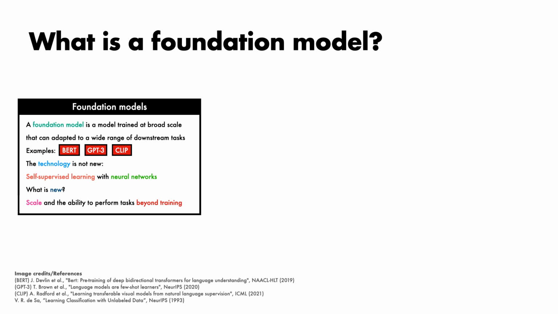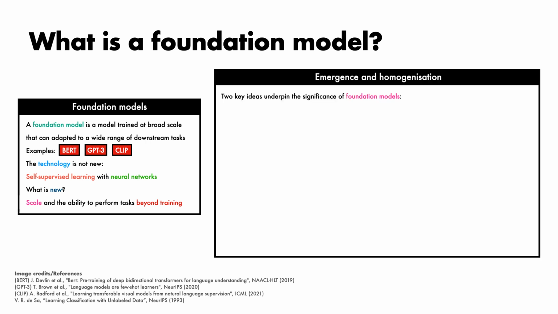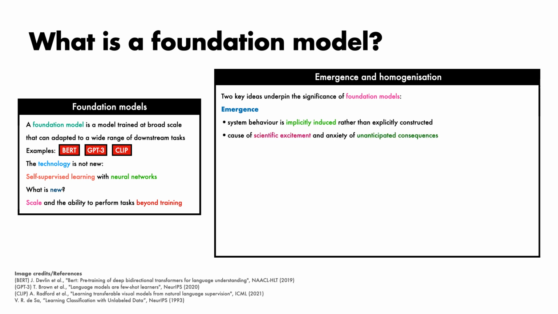There are two key ideas that underpin the significance of foundation models. The first is emergence. Emergence refers to the fact that system behavior is implicitly induced rather than explicitly constructed. Emergence is the cause of a great deal of scientific excitement, but also anxiety about unanticipated consequences.